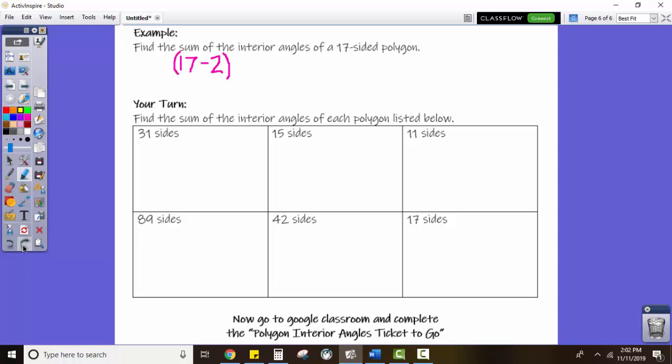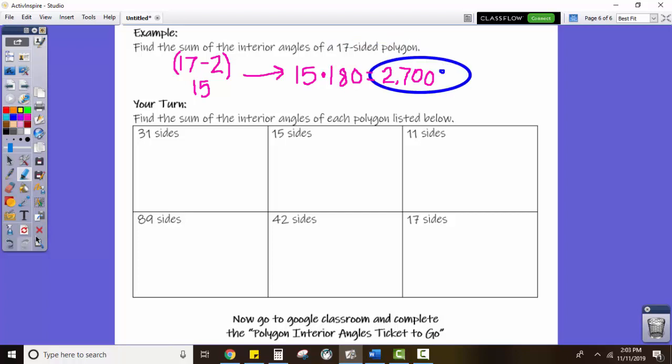So when I do 17 take away 2, that's 15. Then step 3 says we need to multiply the number of triangles, there's 15 triangles, by 180 degrees. So 15 times 180, and if I use my calculator, I can see that that is equal to 2,700. So in a 17-sided polygon, there would be 2,700 degrees.